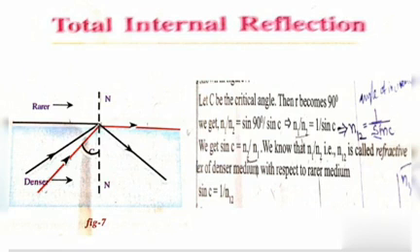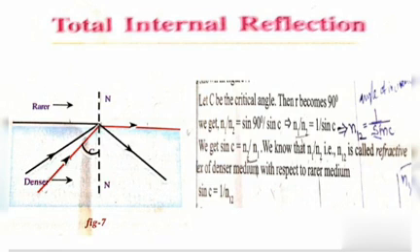The above results can be explained by using Fermat's principle. Let us consider that light travels from medium 1 with refractive index n1 to medium 2 with refractive index n2. See figure 7. It is already found that the angle of refraction is more than the angle of incidence when light travels from denser medium to rarer medium.